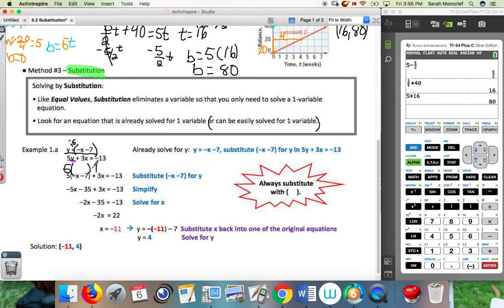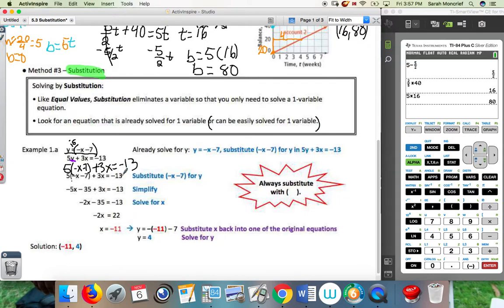So 5 parentheses plus 3x is equal to negative 13, and inside that parentheses is where you'll put the negative x minus 7. Alright, so now we have this step: 5 times negative x minus 7 plus 3x is equal to negative 13.